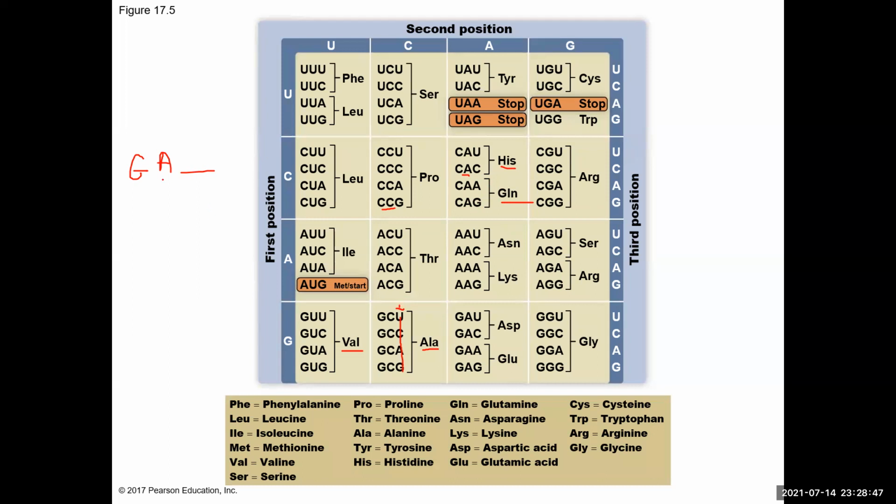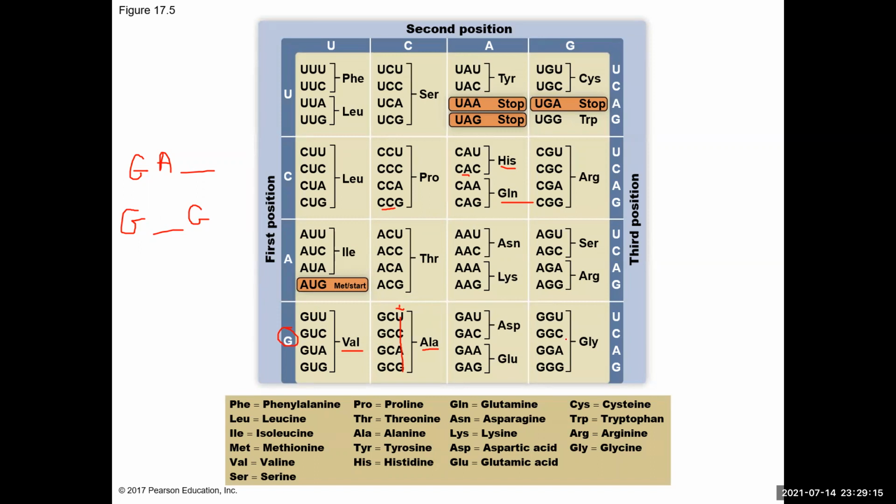However, if you change the second base, like G blank G, right? You would start with G, and then the second base tells you to go to a different column. So anytime you change that base, you're going to go to a different column, and so that's almost always going to change the amino acid.